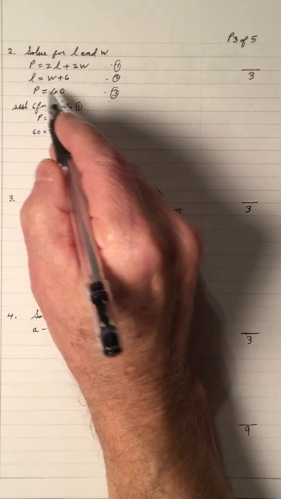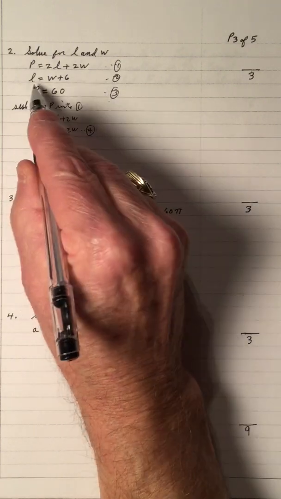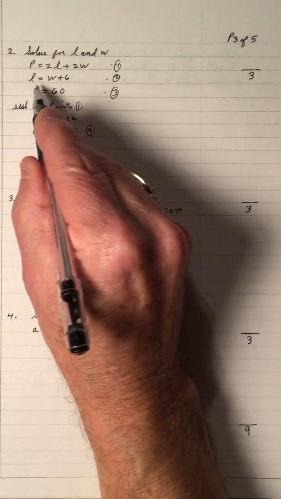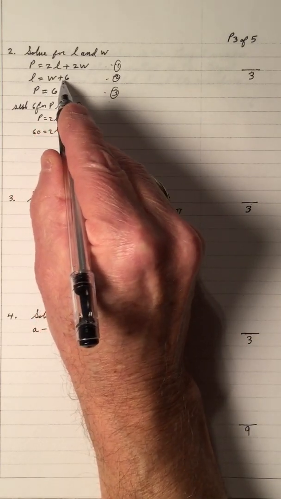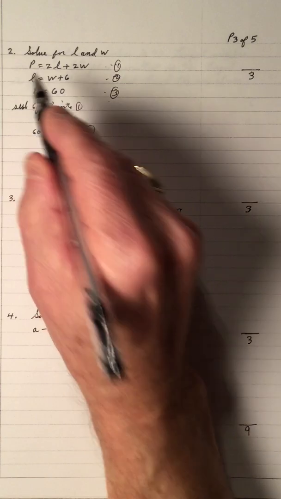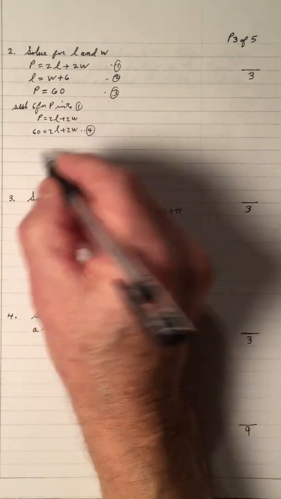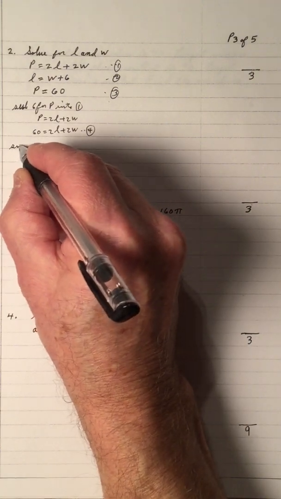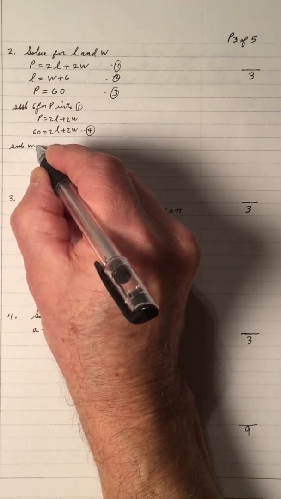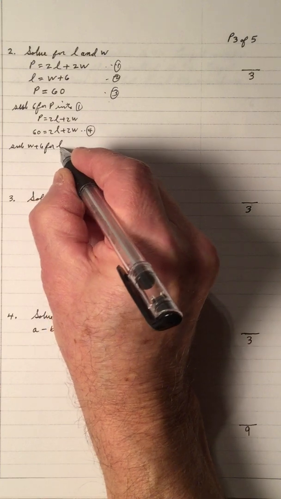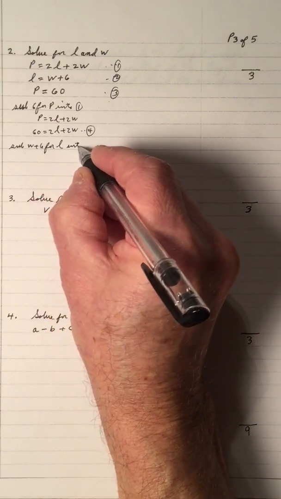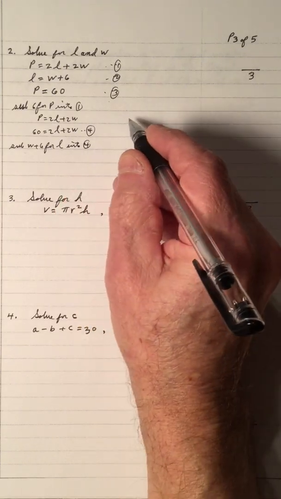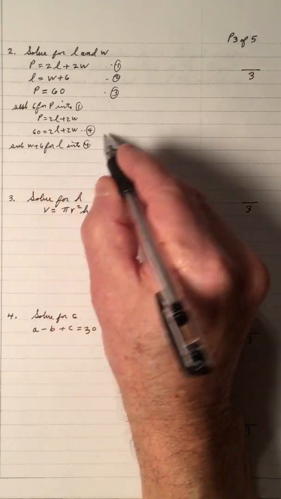Notice that number 2 is already L equals W plus 6. So I'm going to sub W plus 6 for L into number 4, right here.